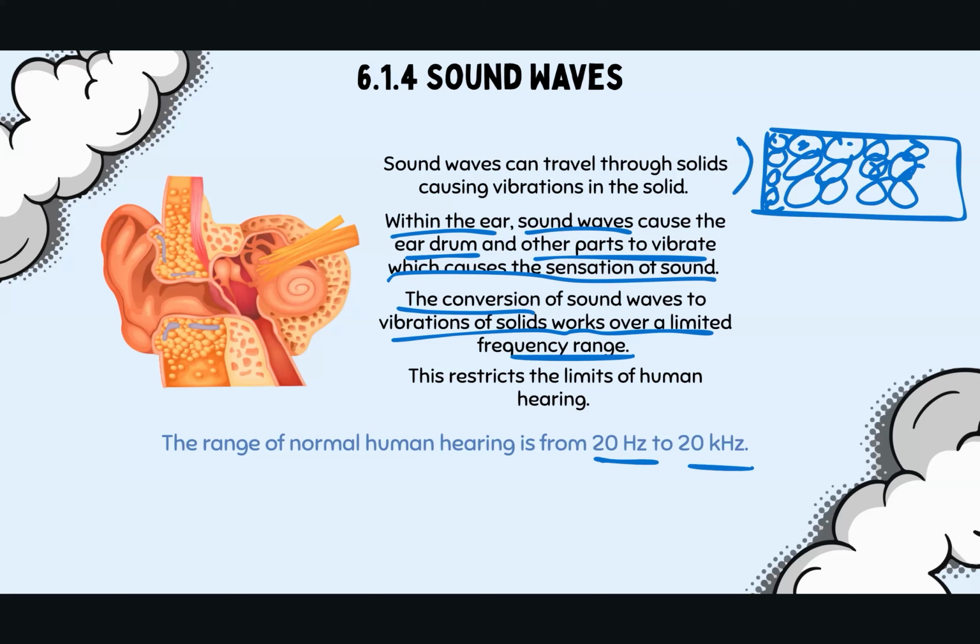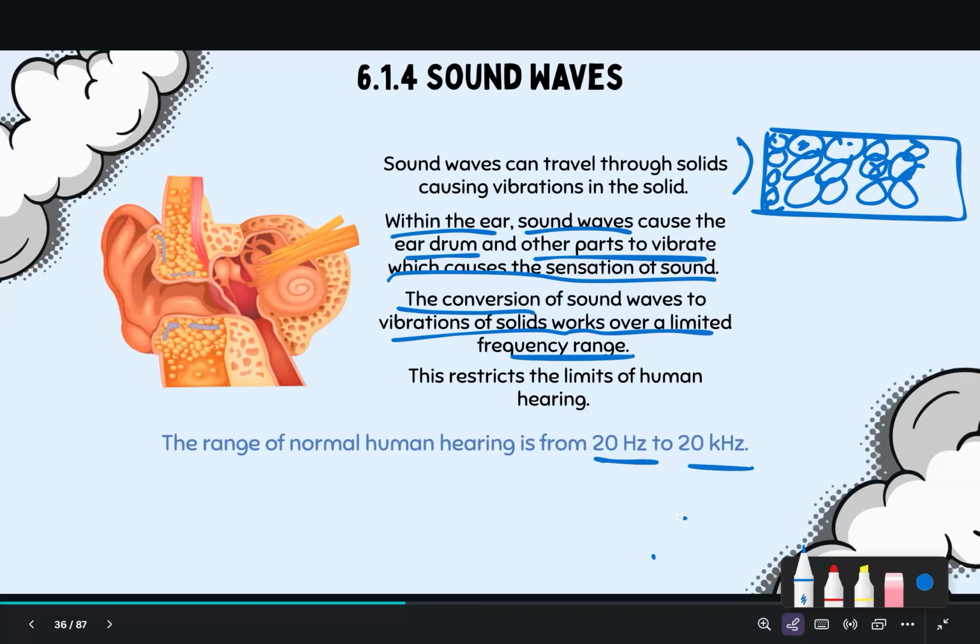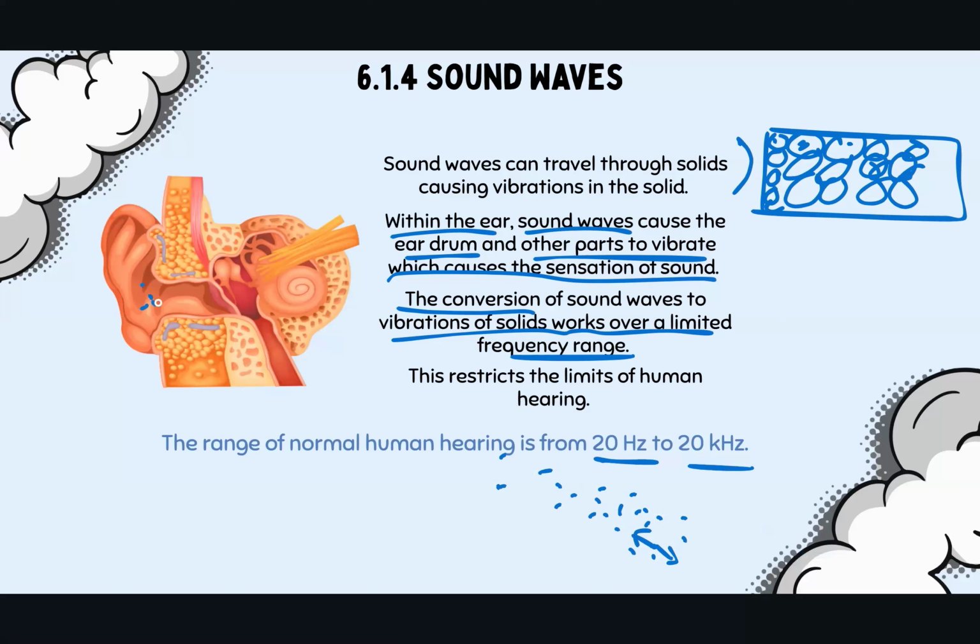When we're talking to someone, the sound waves travel through the air. Sound waves are longitudinal waves. They cause the particles to vibrate or oscillate parallel to the direction of the energy. When the energy reaches the air that's within the ear, they hit the eardrum.